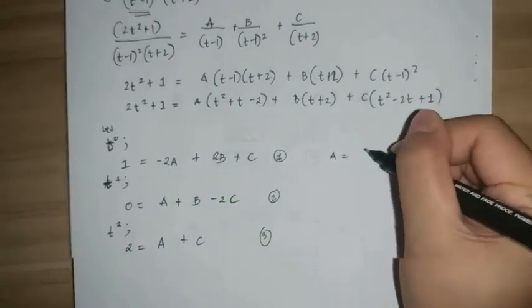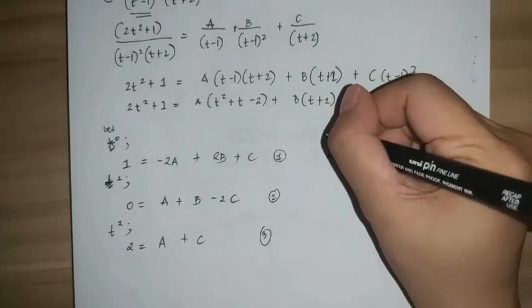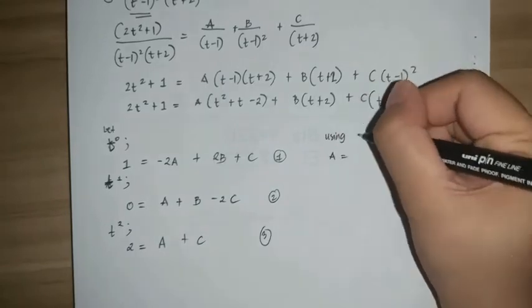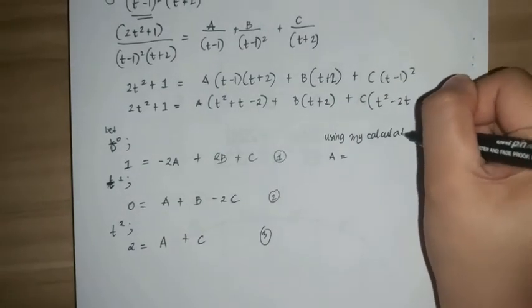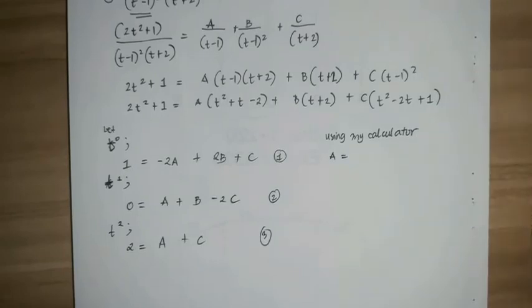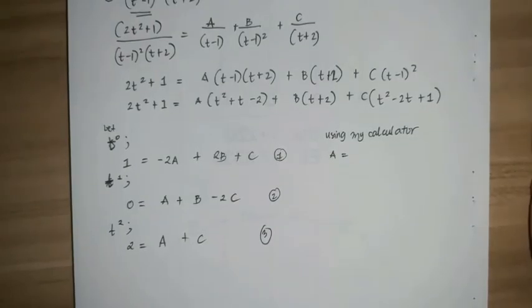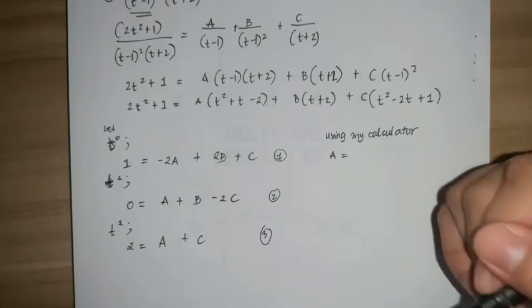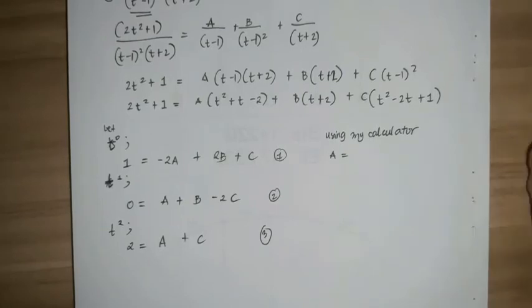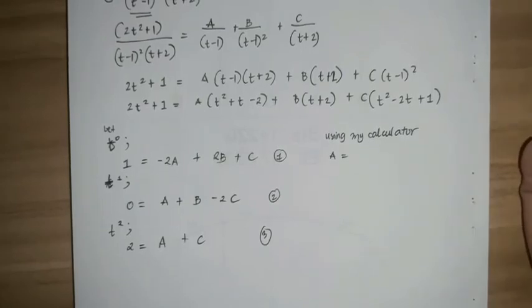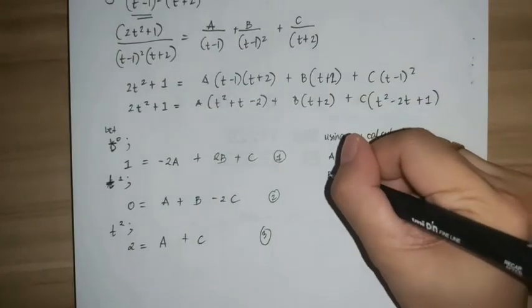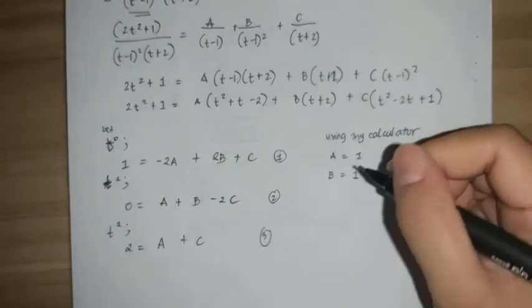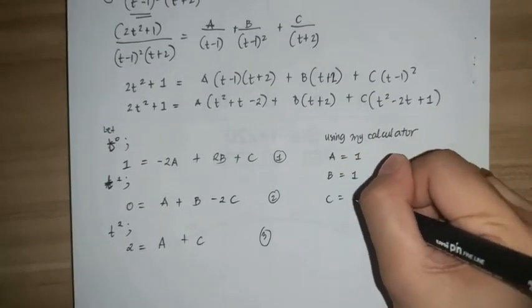In the exam, maybe you could do this, 3 equations, 3 unknowns, which my calculator can solve. Maybe your calculator could solve more unknowns, but mine could solve 3. So we have a will be 1, b will be 1, and c will be 1.